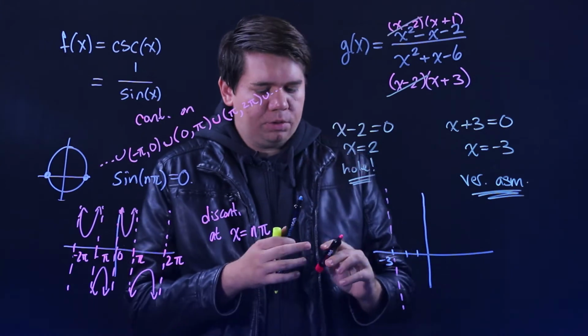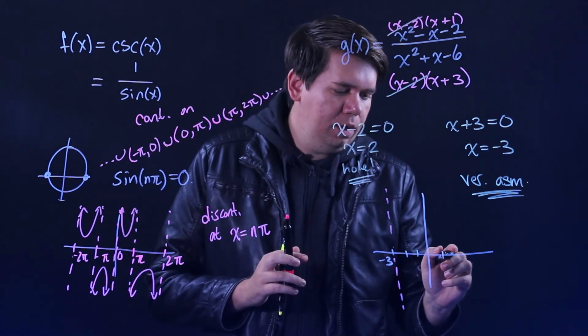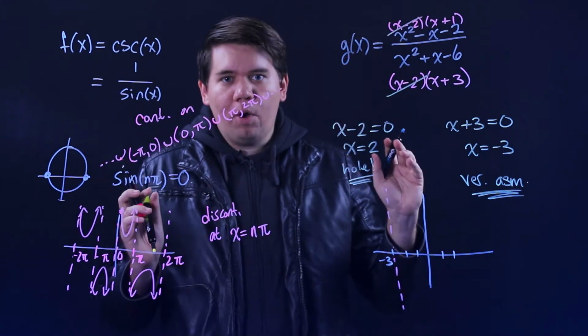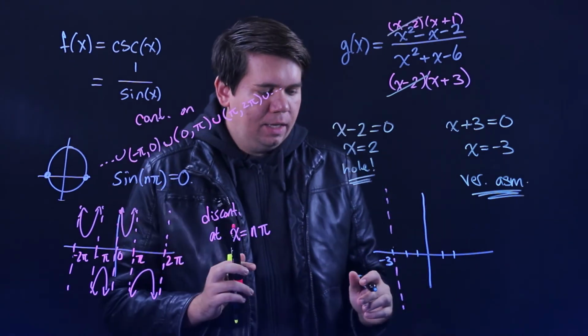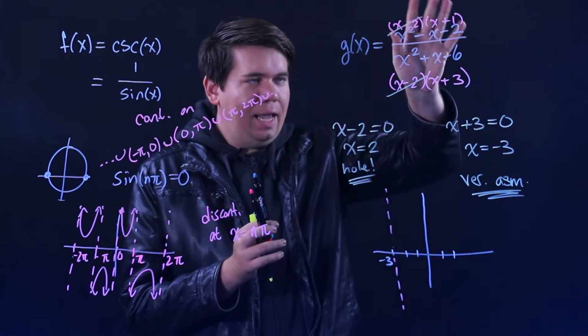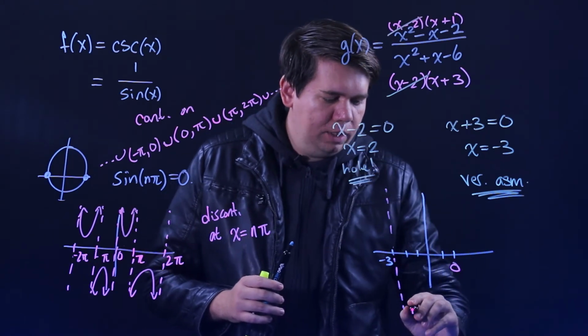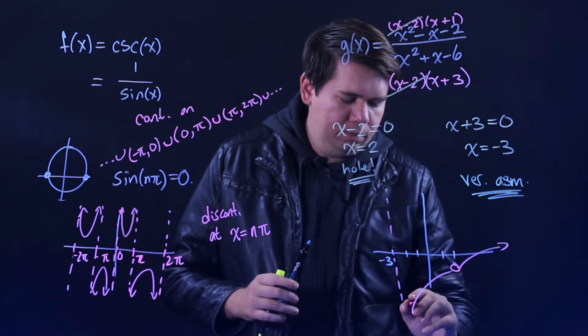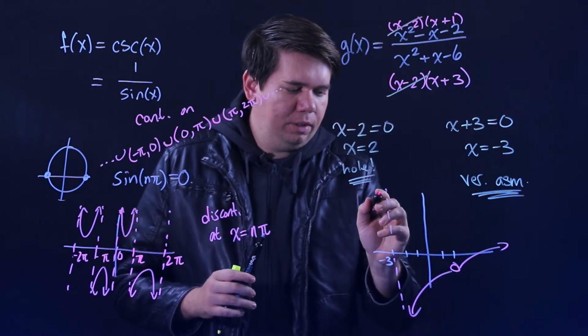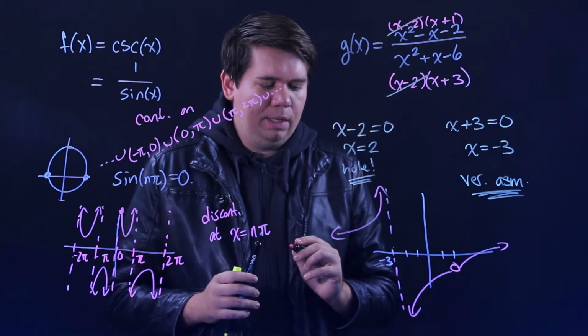And at x equals 2, there's going to be some hole in the graph. I don't know exactly where that hole is. We could analyze it, but wherever it is, there's some hole. So your graph will look like however it looks, but there'll be a hole in it.